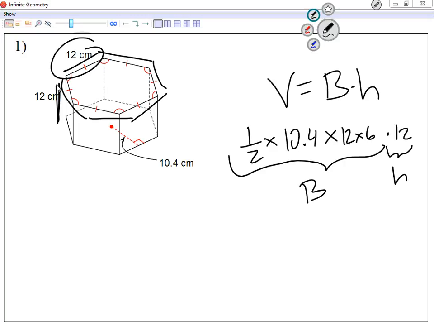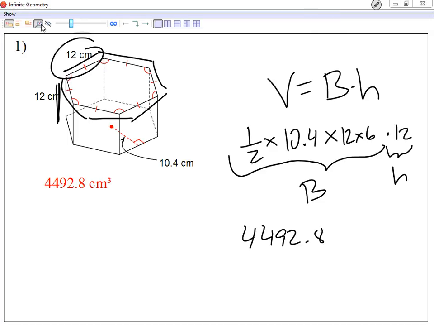Remember, I just went area of the base times height. When I multiply this out, you should get 4,492.8.